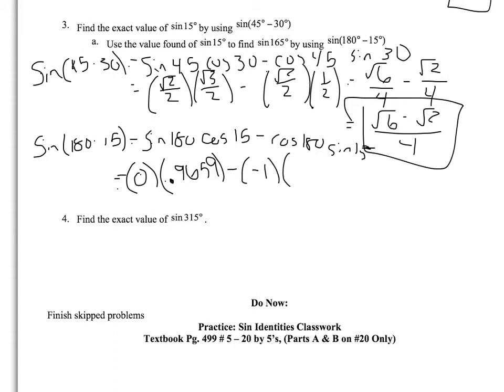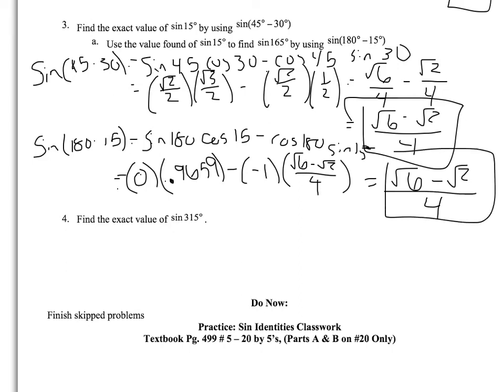Sine 15, well, we have it. It's radical 6 minus radical 2 over 4. 0 times 0.9659 is 0. So we have a minus negative 1, which will just be positive 1 times radical 6 minus radical 2 over 4. So final answer is going to be radical 6 minus radical 2 over 4.